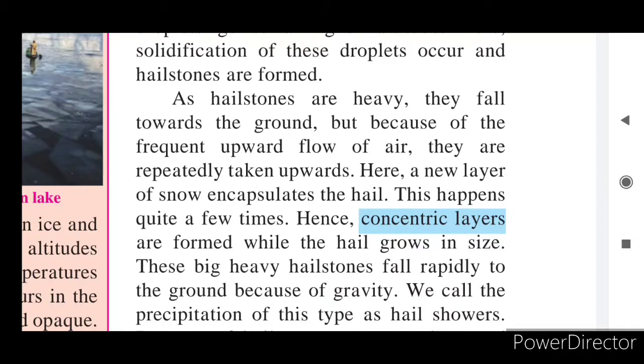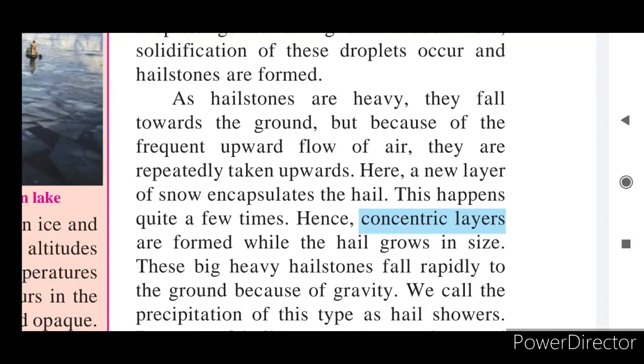This happens quite a few times, hence concentric layers are formed while the hail grows in size. So what is said here is that when the hail forms, but due to the frequent upward flow of air, जो हेल है नीचे आ रहे हैं लेकिन नीचे से कंटिन्यूस वो हवा ऊपर जा रही है, एंड ड्यू टू दैट द हेल स्टोन साइज इज इंक्रीजिंग.